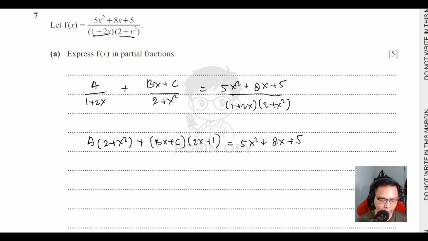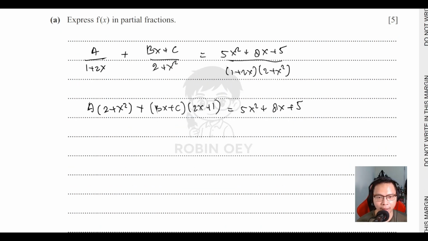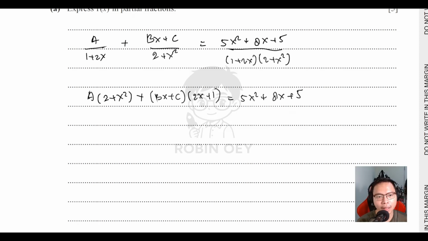Okay, so for this I will just open the bracket. I will not make the bracket 0 in this case. 2a plus ax squared. But anyway, if you want to make the bracket 0, you can do it as well. It doesn't have to be my way.